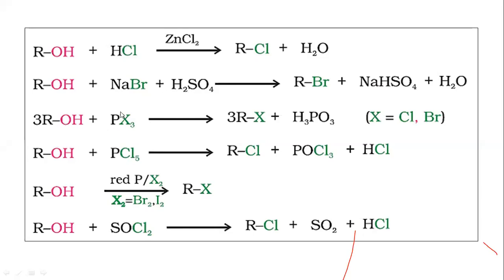Then the third example is PX3, phosphorus trihalides, and this is the pentahalides. This is PCl3, this is phosphorus plus Br2, phosphorus plus I2, for PBr3 and PI3. And the last one is Darzens process, with thionyl chloride. So all these reactions we can remember at a glance.